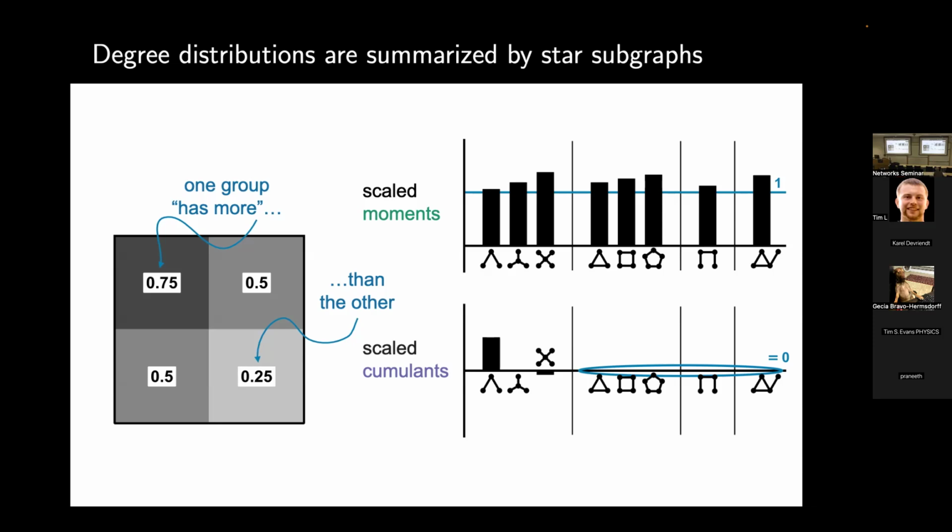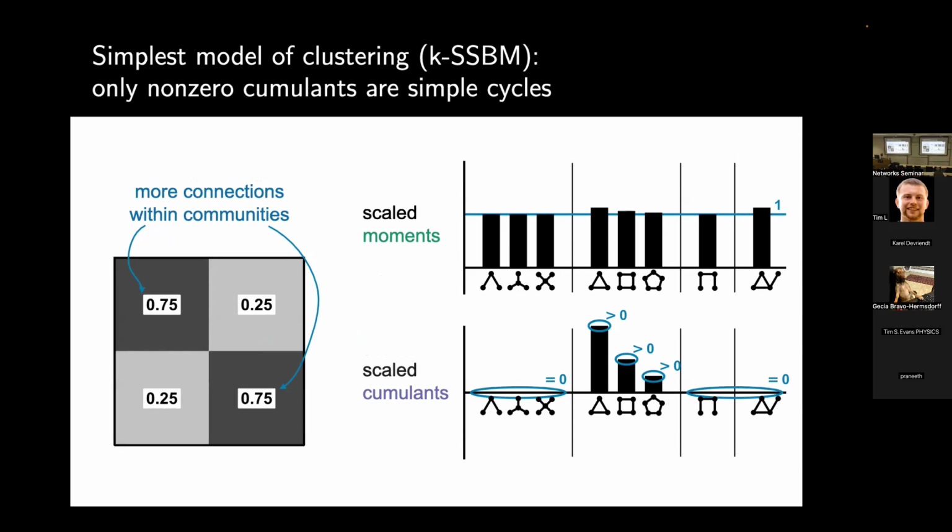And the point of these pictures is just to show that when representing a distribution in terms of the cumulants, they look nice, let's say. Okay. So here is the simplest model for clustering, right? You have two communities that have the same probability.